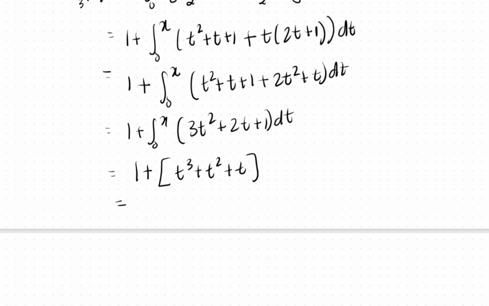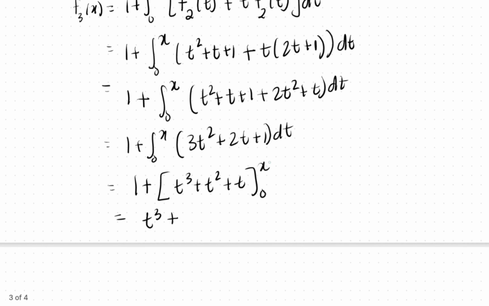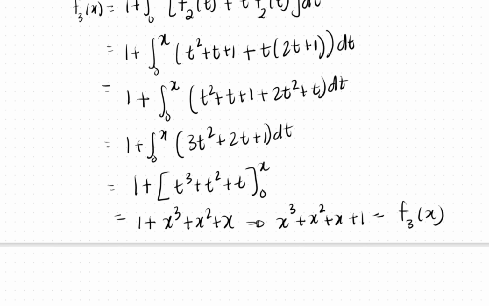This is from 0 to x, so that's basically 1 plus x cubed plus x squared plus x. And putting it in the standard form, we get x cubed plus x squared plus x plus 1, and that is f3 of x.